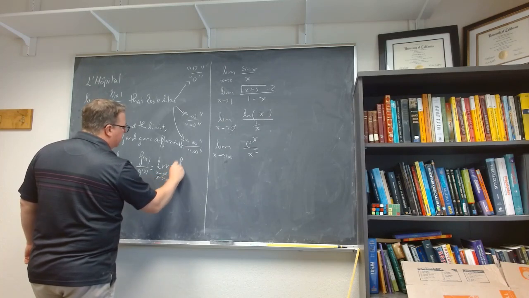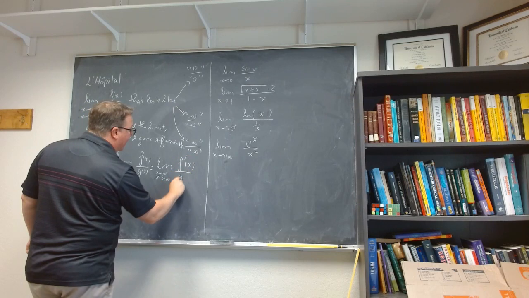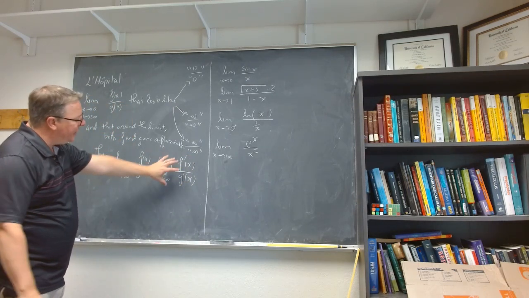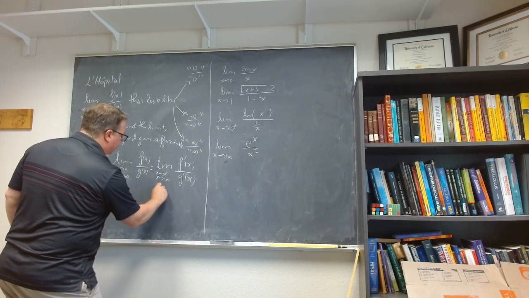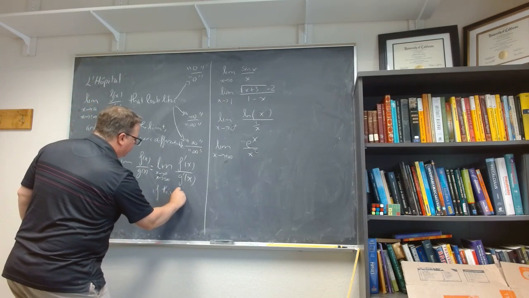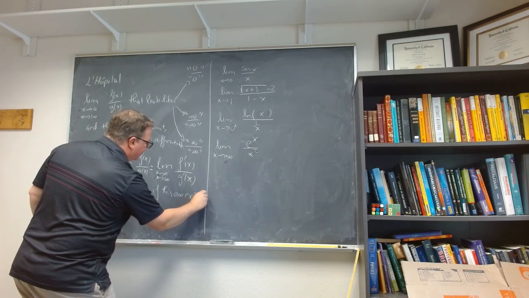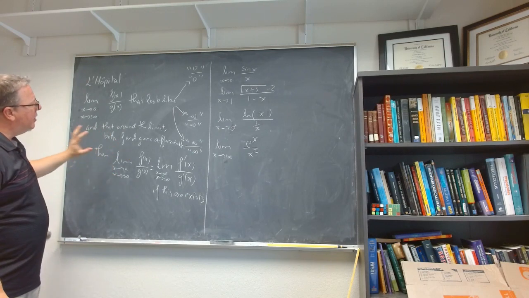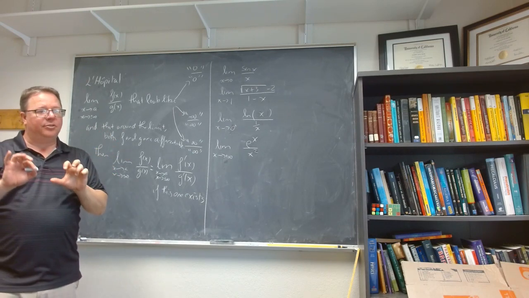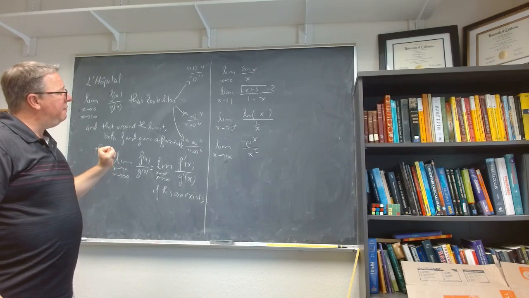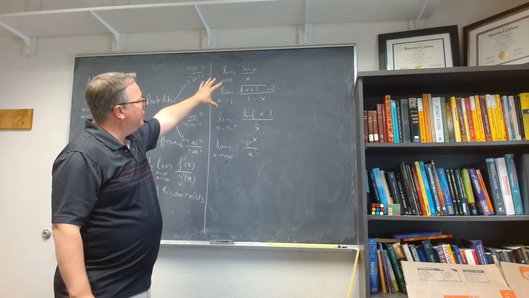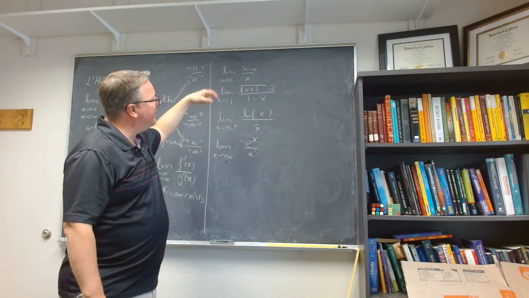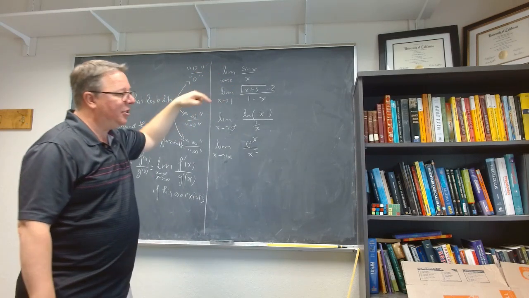Provided this exists. So if this limit exists, then this limit is going to be the same as this one. So basically, L'Hopital's rule says if you want to take a limit of a fraction of two functions, then you can do it by taking the limit of the fraction of the corresponding derivatives.